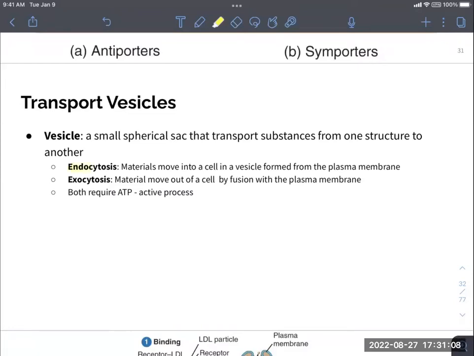They can work by endocytosis. Endo moves in. It takes that vesicle, which is formed from the plasma membrane, and moves into the cell, while exocytosis will move stuff out of the cell. Exo, out. Both endocytosis and exocytosis utilize ATP.